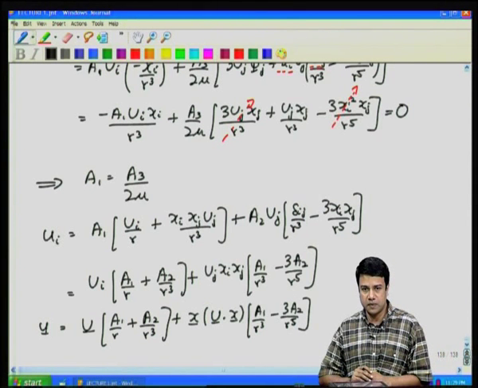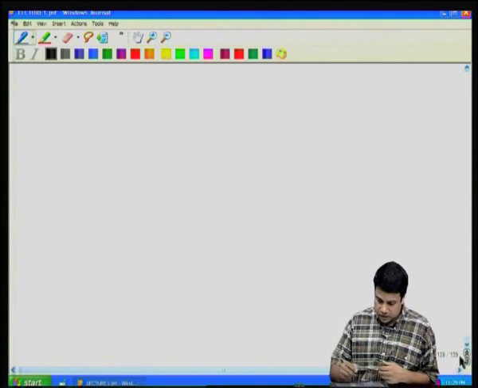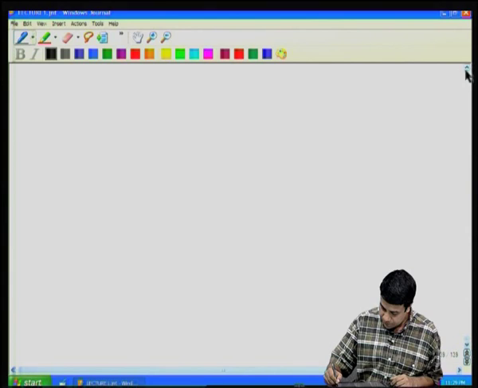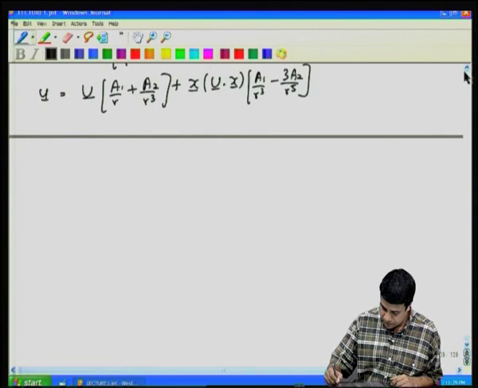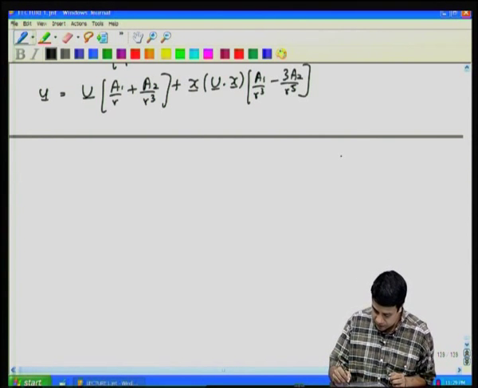Okay, so, there are two components, one which is along the u vector itself, the other which is along the x vector, because the i is on x. Okay. Enforce boundary conditions. Okay. So, this was my expression for the velocity, one component along u vector, the other component along the x vector.